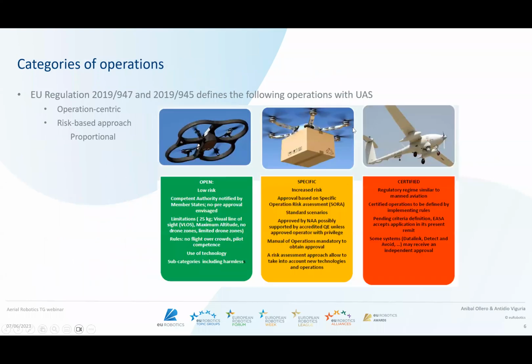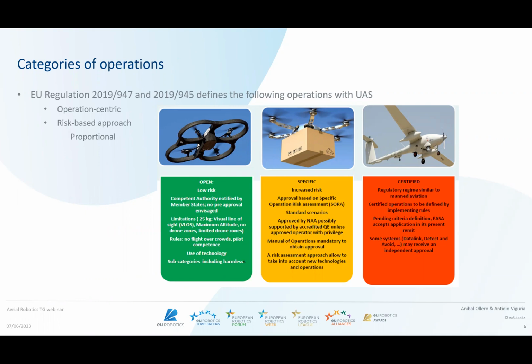So, okay, the European regulation categorizes the operations in three different categories. This is an operation-centered regulation, and it also takes into account a risk-based approach, which means that it has to be proportional.